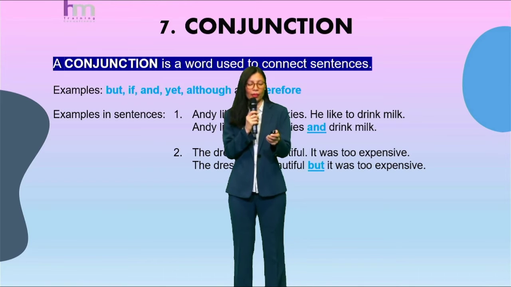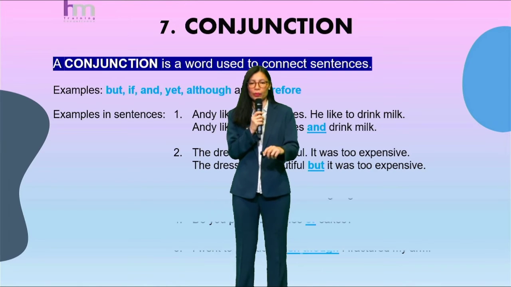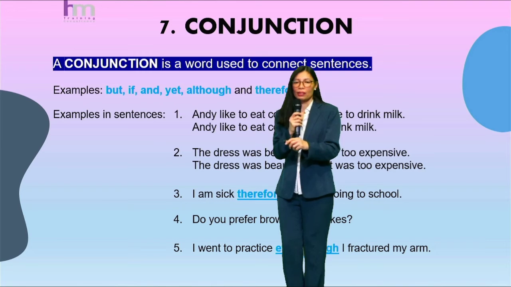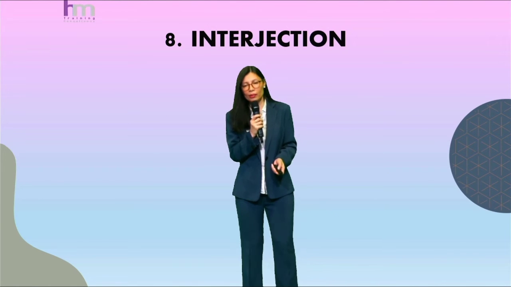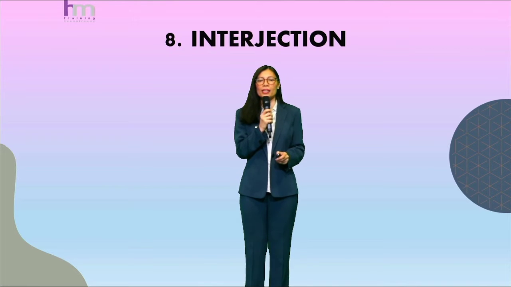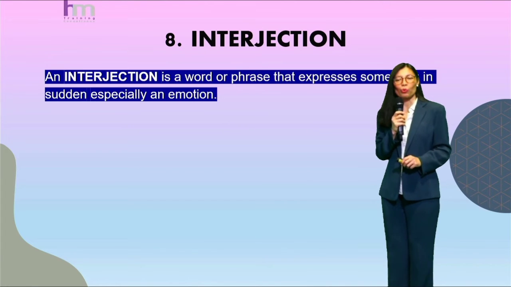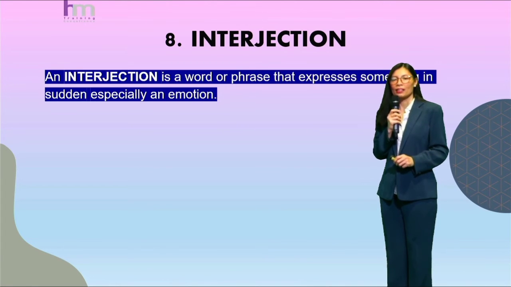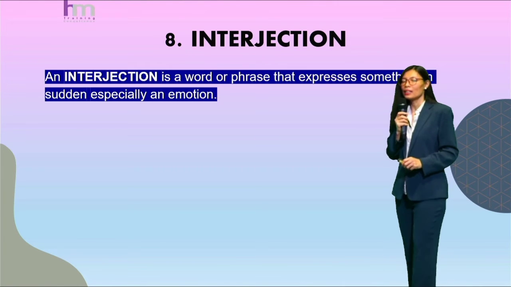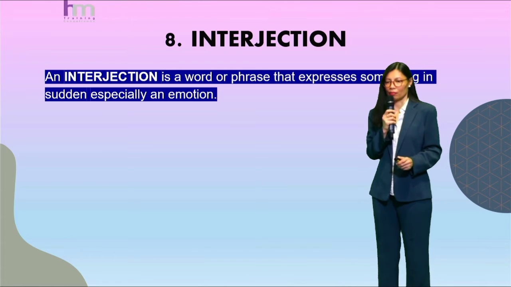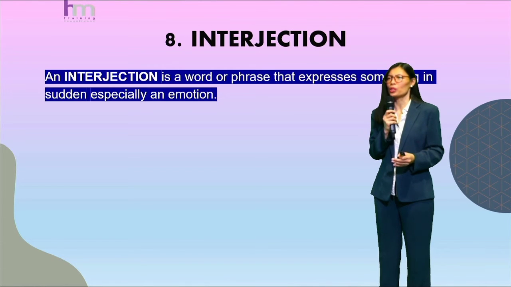Next one. I have more examples there, which I'm not going to go through. Interjection. What does that mean? It's a word or phrase that expresses something sudden or emotion.